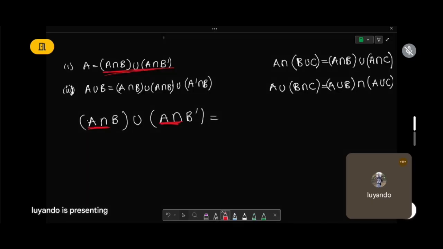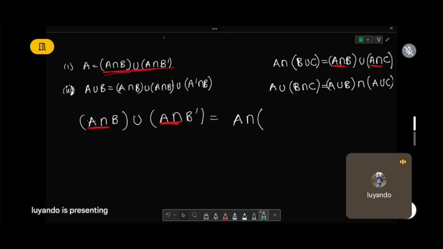If you check from these laws, A and the intersection are common, so they can be written on the outside like this. You say A intersection on the outside, then open bracket.